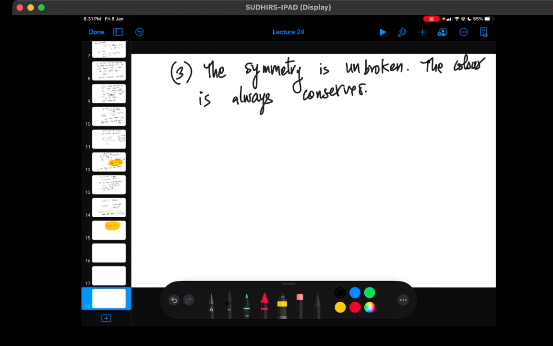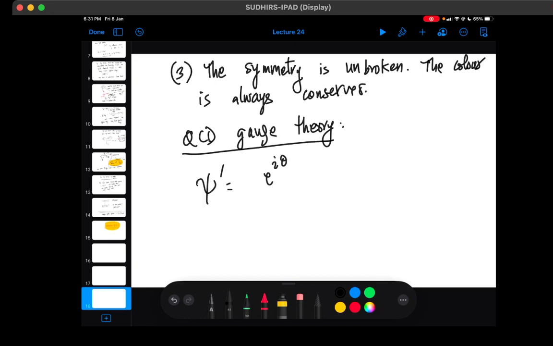We know how to write gauge theories, so let's write the QCD gauge theory. It would be psi prime equal to e to the power i theta. Now it's a local gauge theory, so theta should be a function of x.